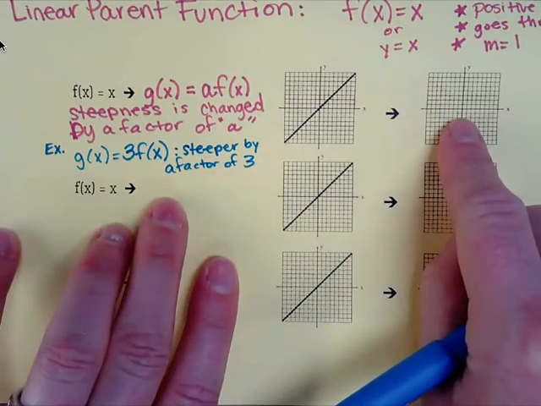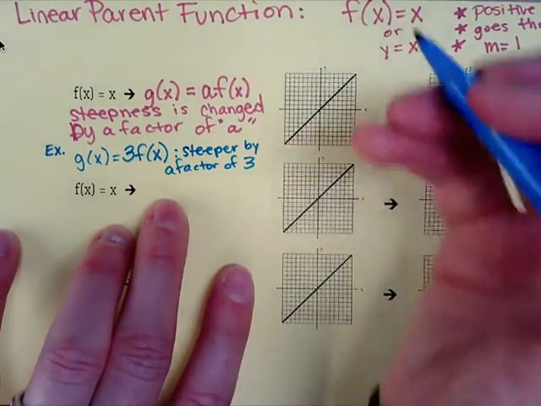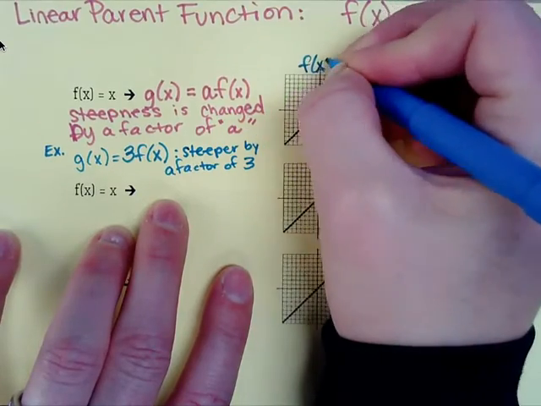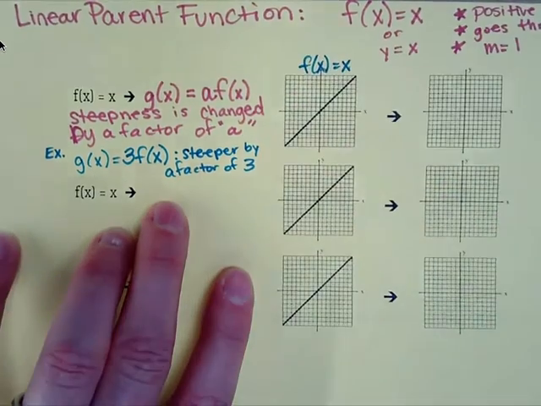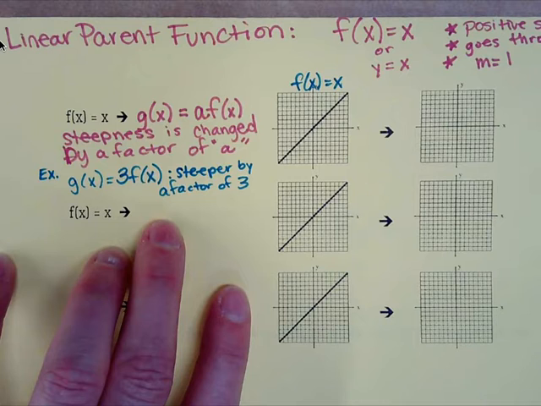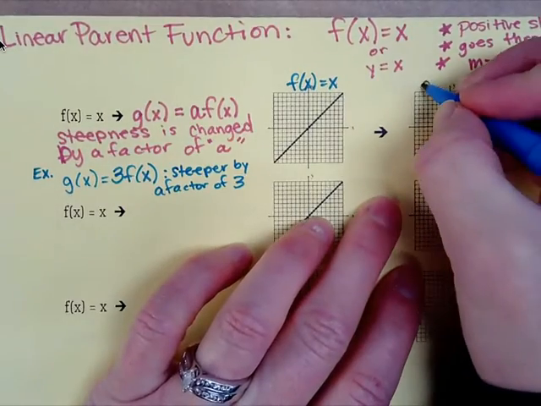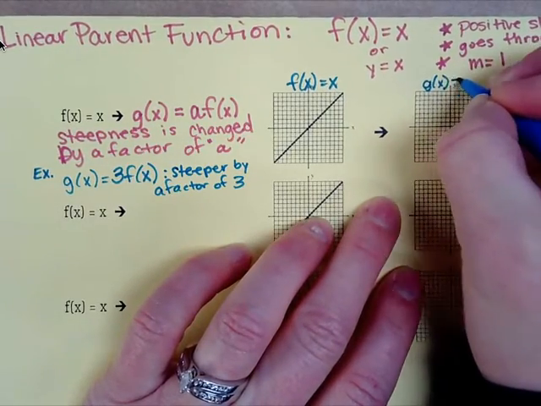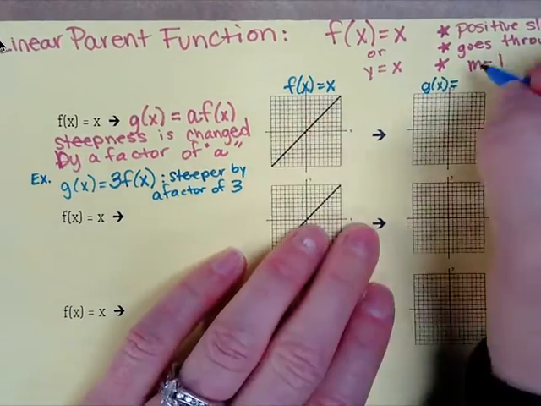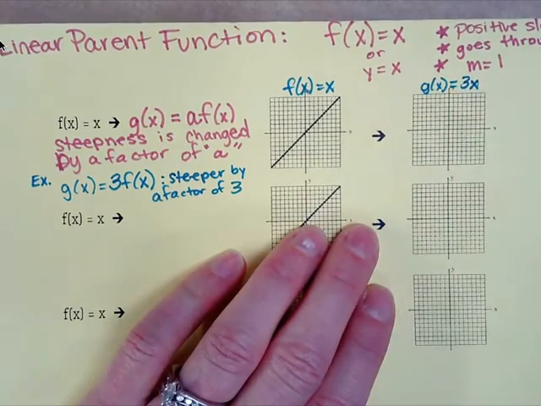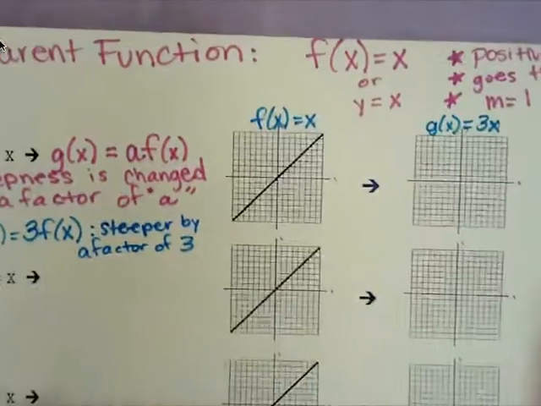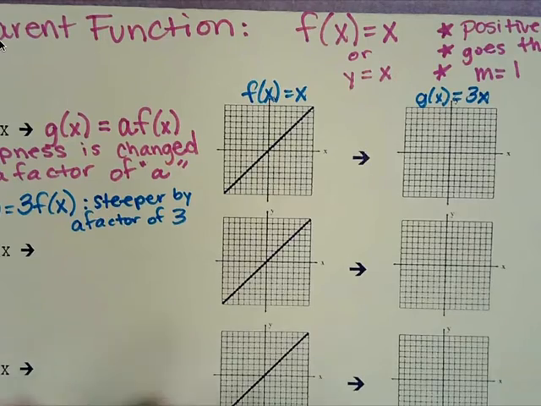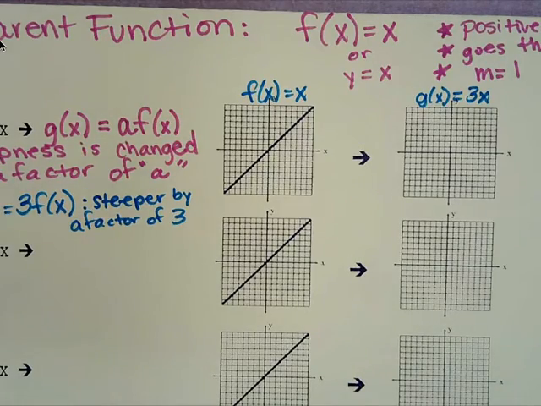So I'm going to graph it here. This function right here is just f of x equals x. And then this function is going to be 3 times whatever f of x is. So that's just 3x. So let's graph it. It has the same y-intercept.